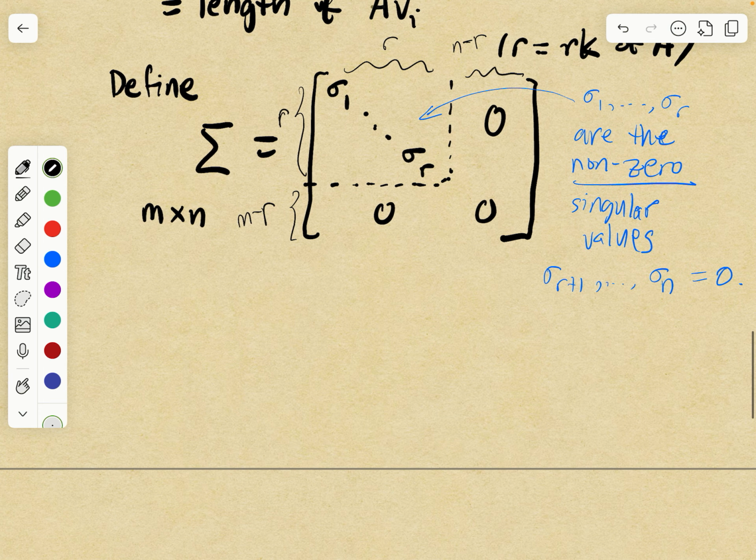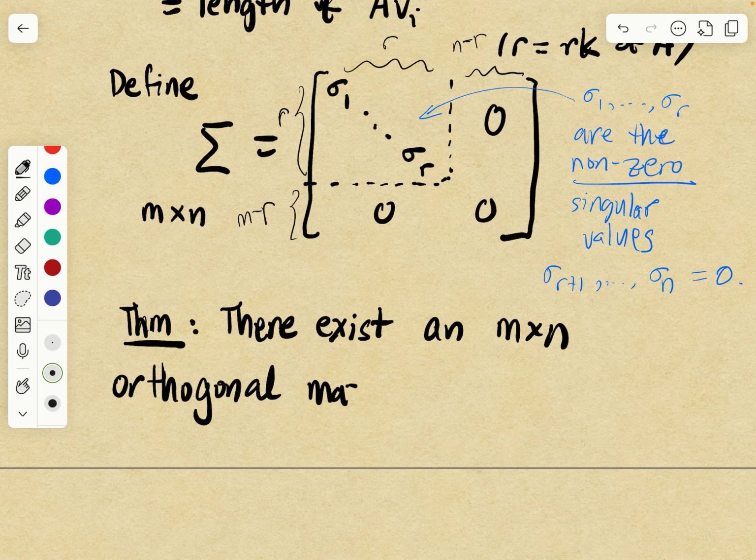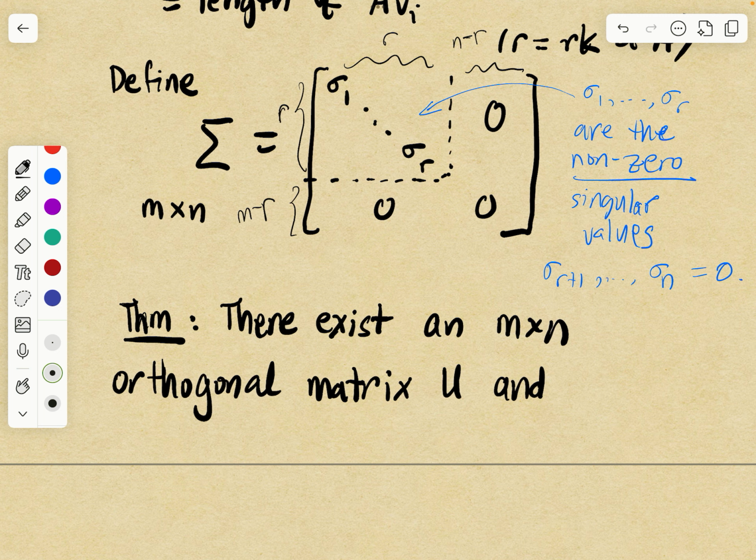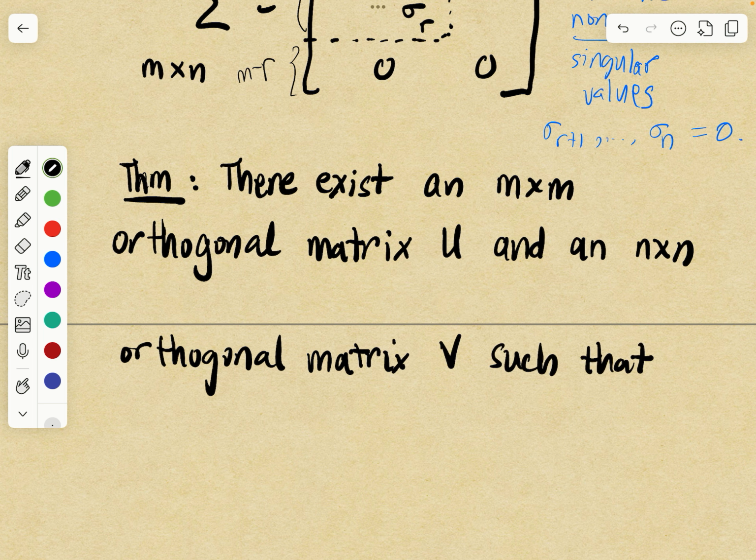It's an m by n matrix. And now we're ready to state the singular value decomposition theorem, which says there exist an m by m orthogonal matrix U and an n by n orthogonal matrix V such that A is equal to U times sigma times V transpose.